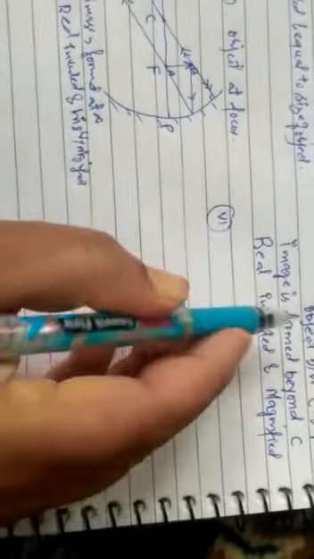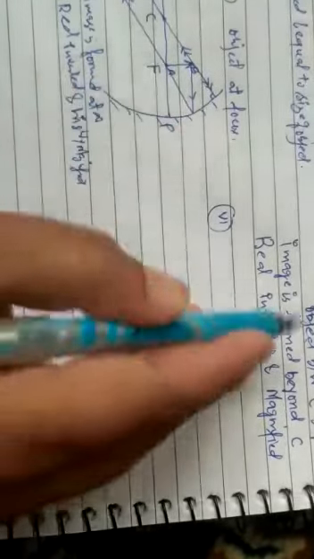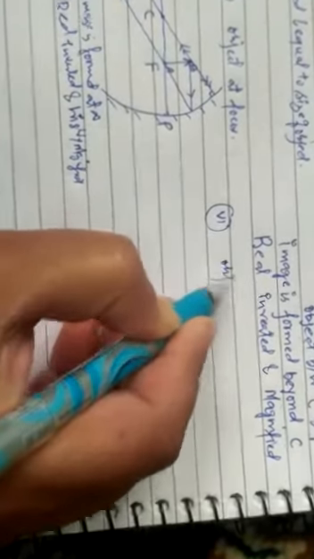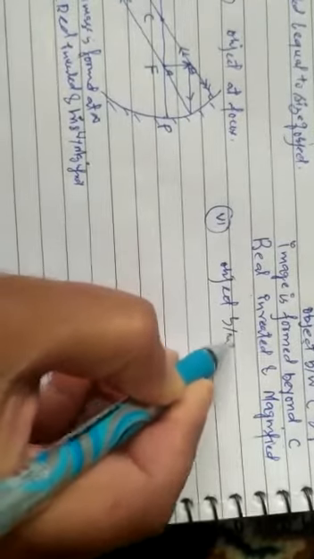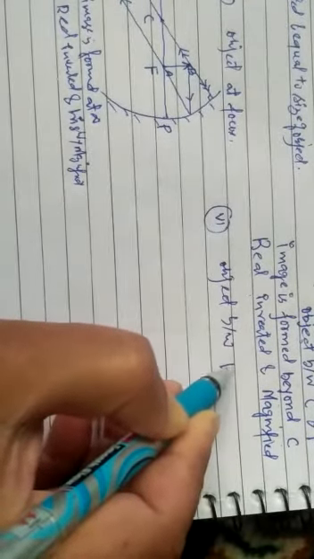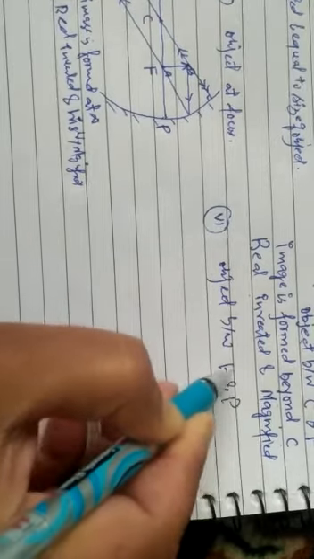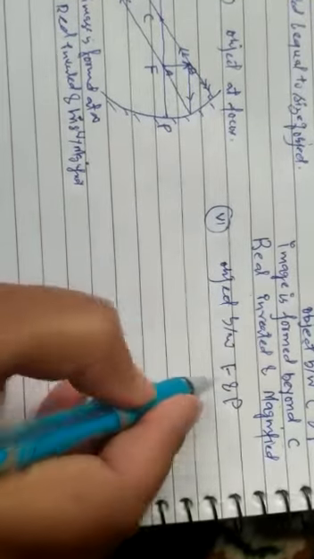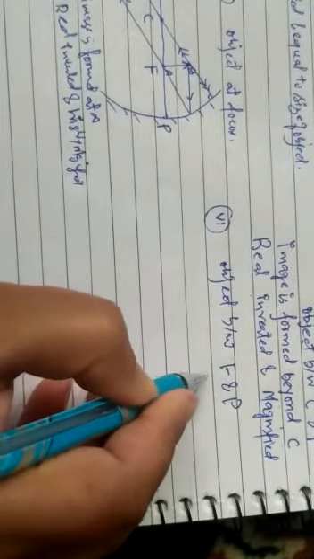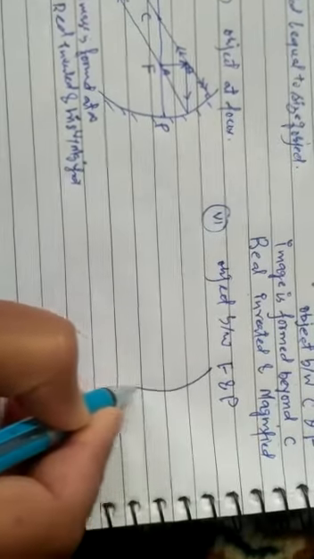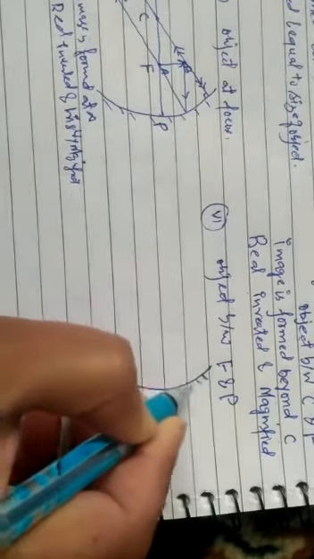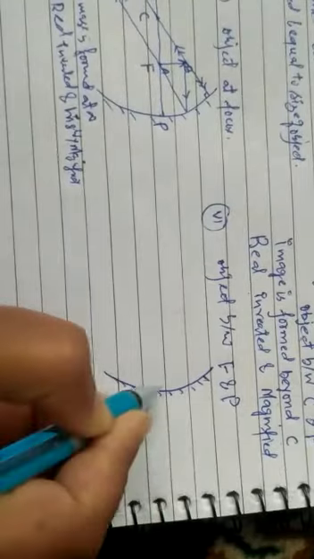Now we are going to place the object in between pole and F. Object between F and P, focus and pole of the mirror. So in this case, this is the mirror.